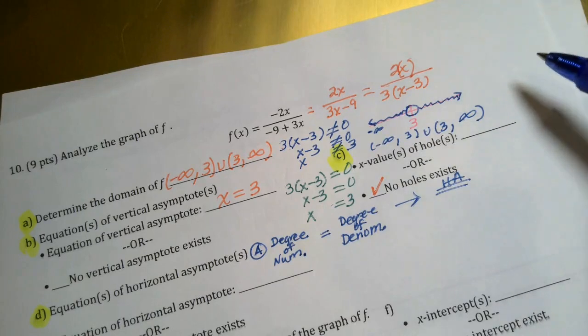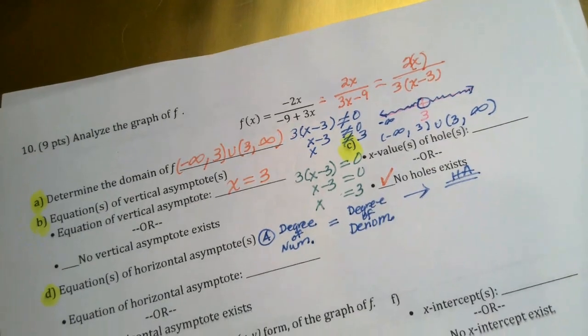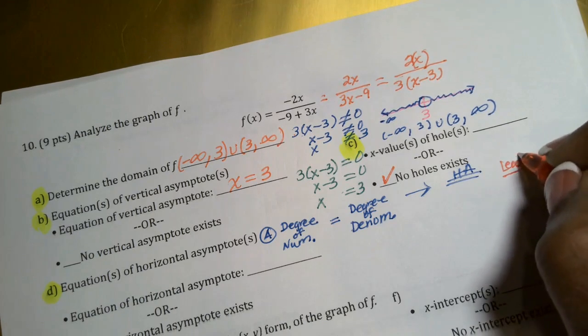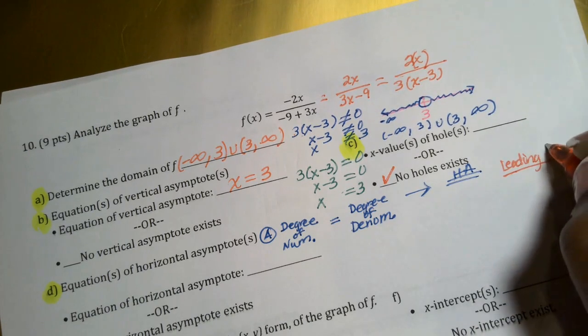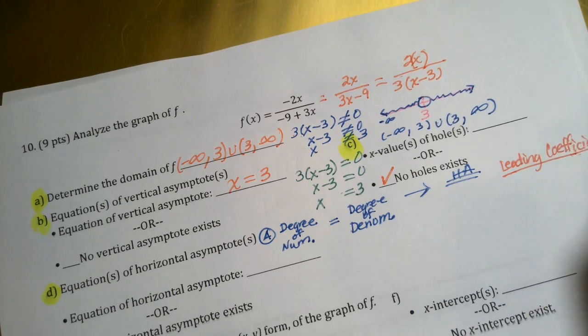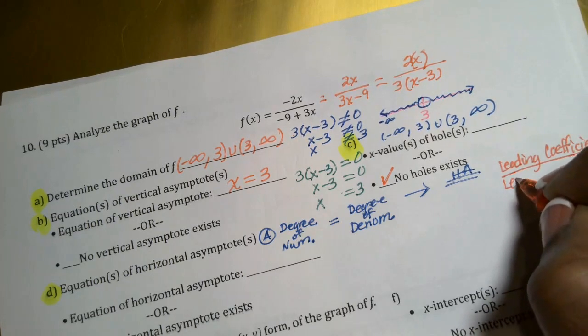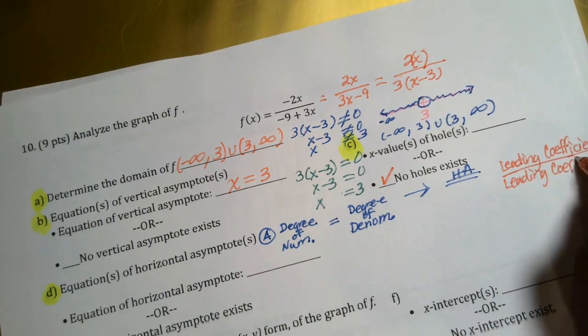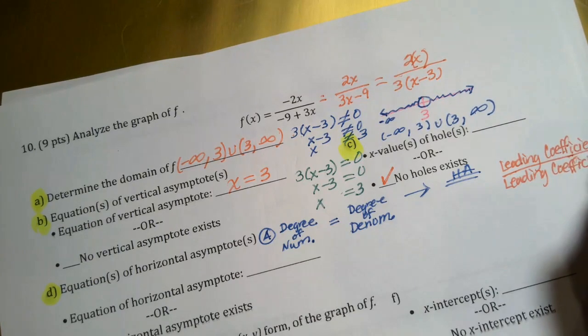It's going to be this formula off to the side: the leading coefficient of the numerator, divided by the leading coefficient of the denominator. So let's go find those leading coefficients.